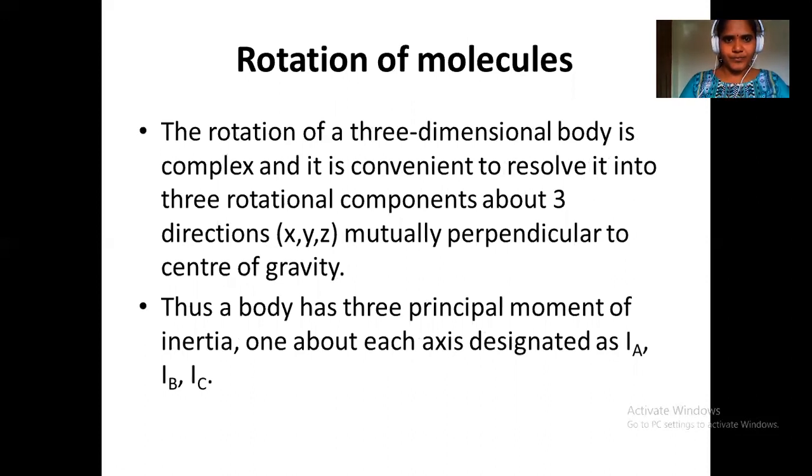As we are focusing on the rotation of a molecule, we should consider another term called inertia. A molecule can rotate in any direction; there are different possibilities of rotation, which we'll discuss further. It can be X, Y, or Z. So for that, we basically take the inertia of a molecule.